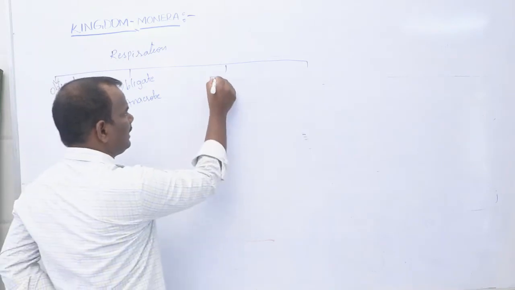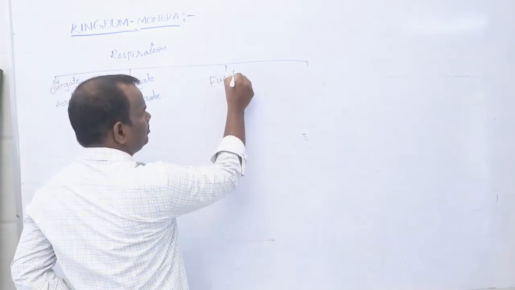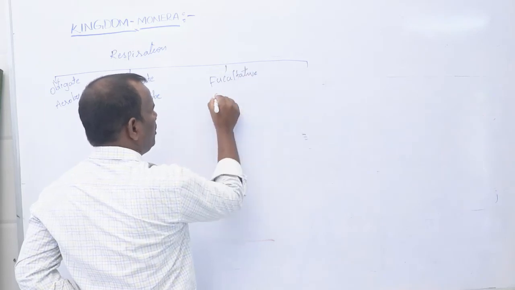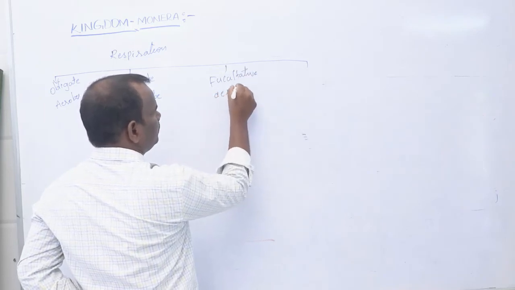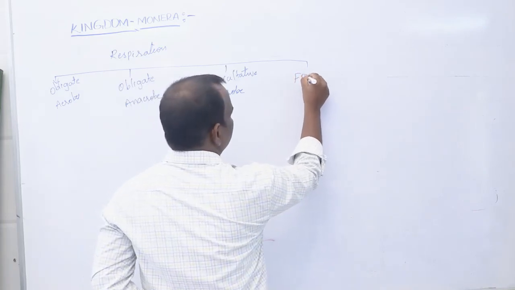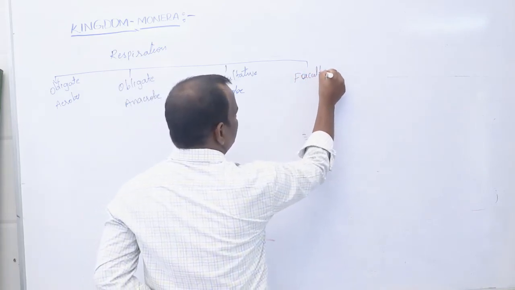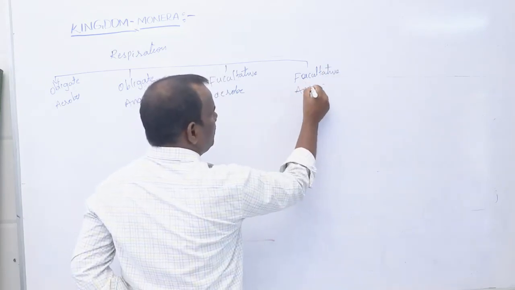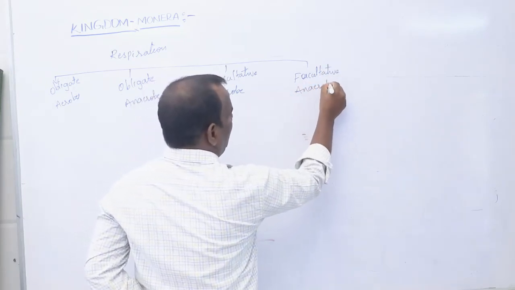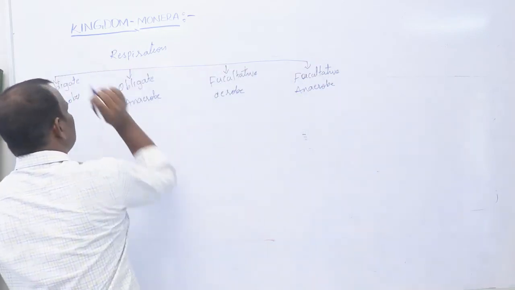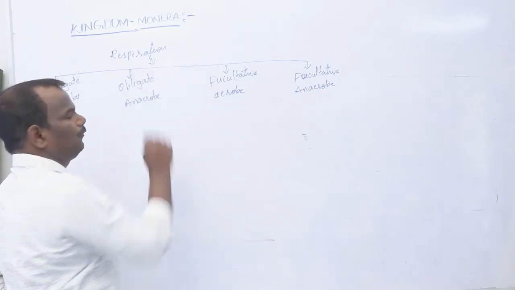Next another is the facultative aerobe. Next another is the facultative anaerobe. Based on respiration, these bacteria are four types.